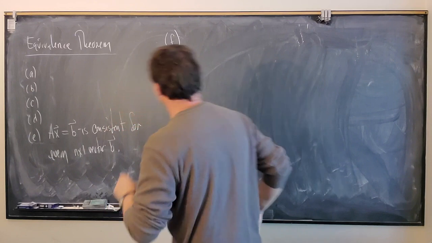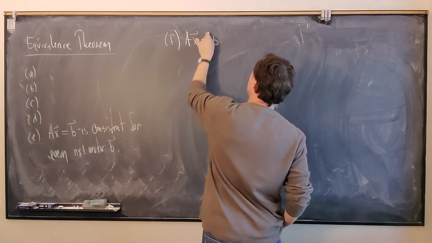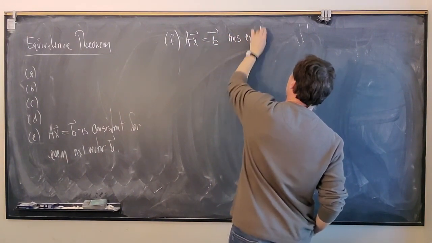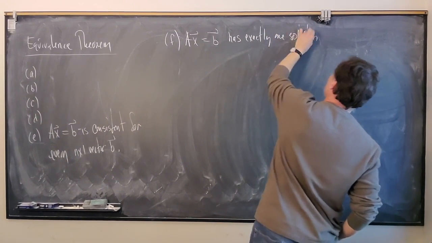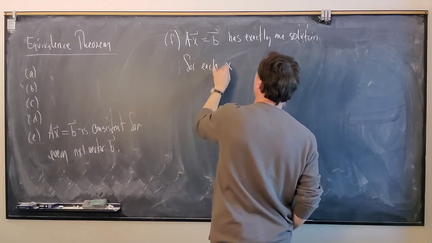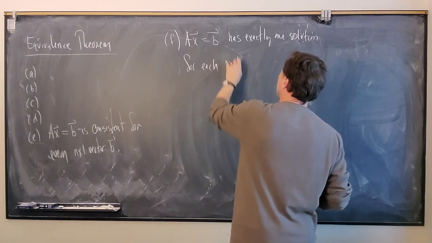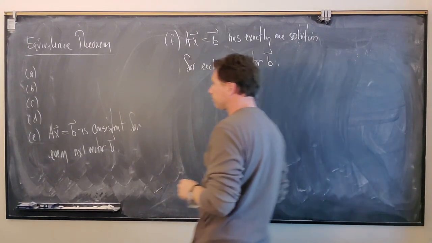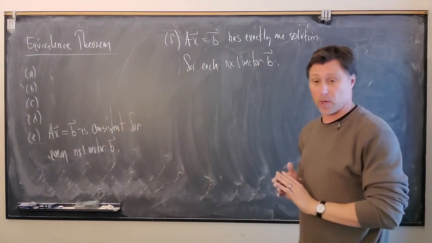So let's say it like this: Ax = b has exactly one solution for each n by 1 vector b. So now our equivalence theorem has grown to 6 parts.